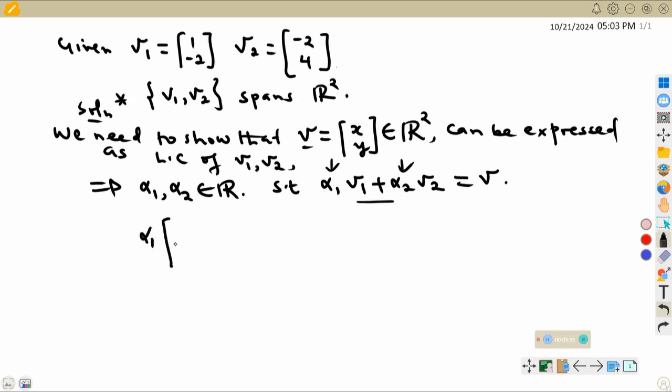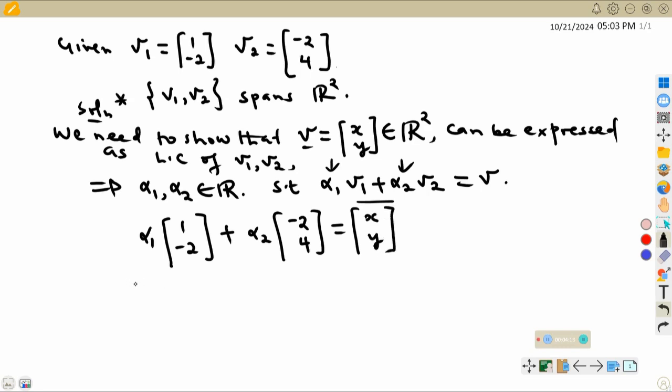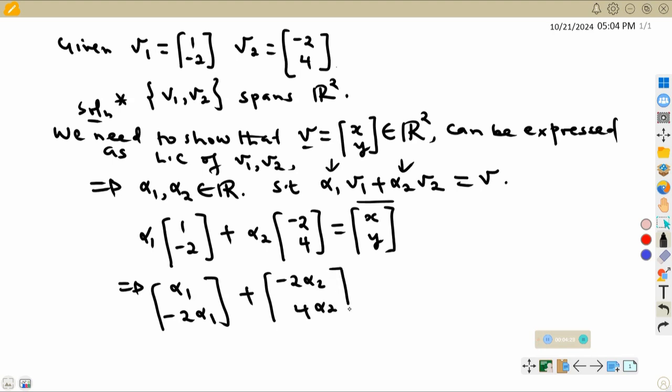Alpha 1 into what is V1? V1 is 1, -2, plus alpha 2 multiplied into -2 and 4, and this is equal to x and y, that is V. So this implies that we shall have alpha 1, then -2 alpha 1, plus -2 alpha 2, then 4 alpha 2, which is equal to xy.